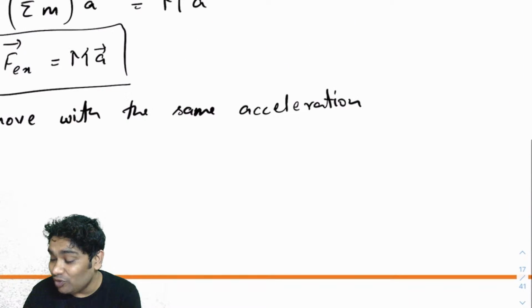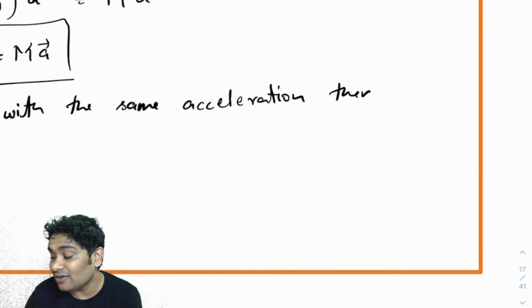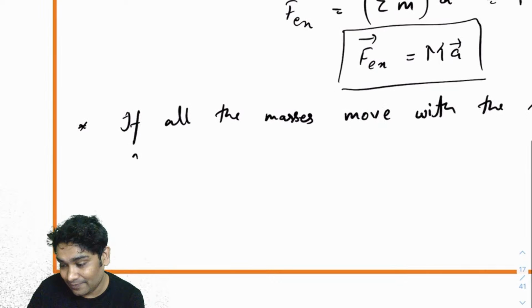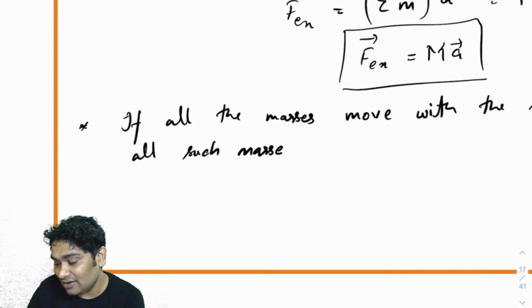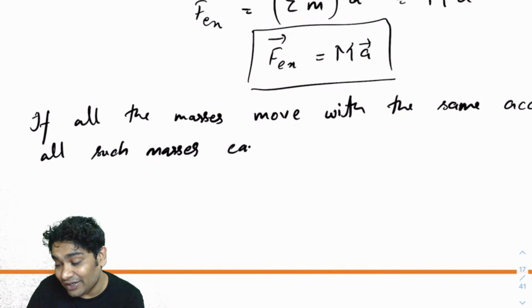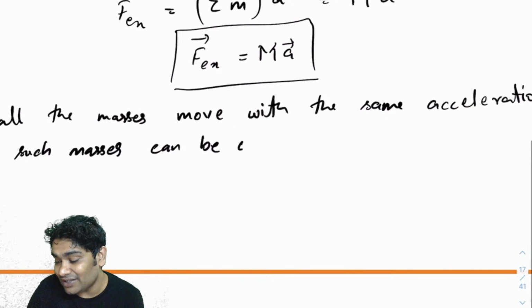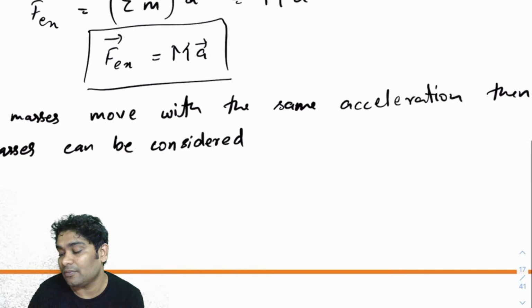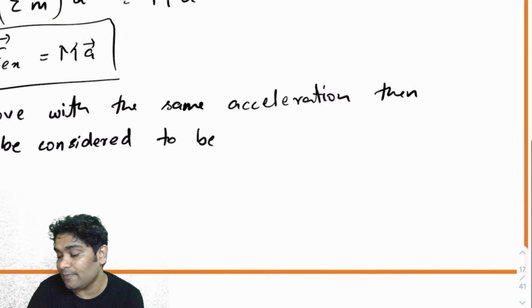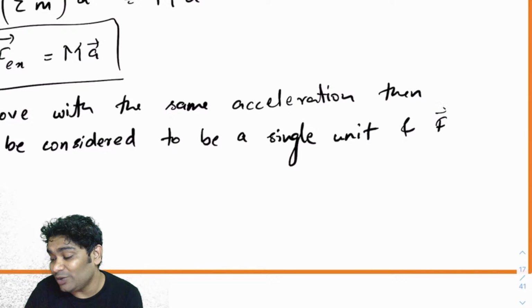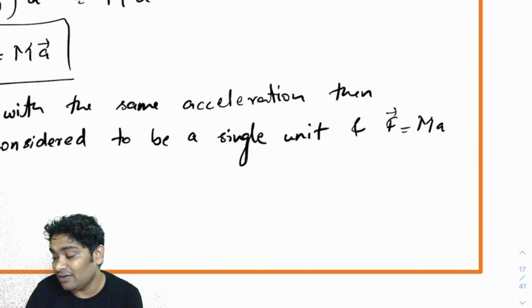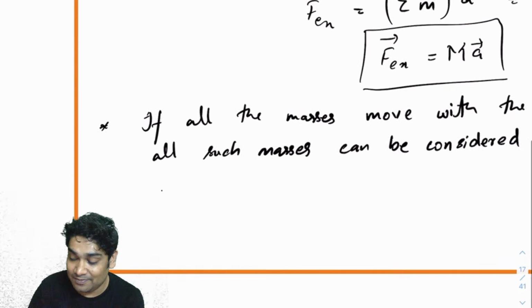If all the masses move with the same acceleration, then all such masses can be considered as a single unit, and F equals ma can be applied for this unit.